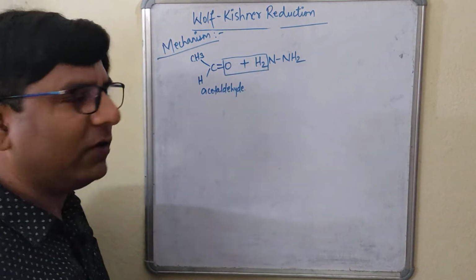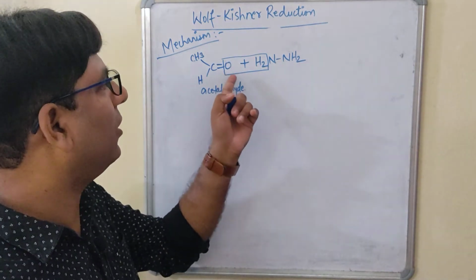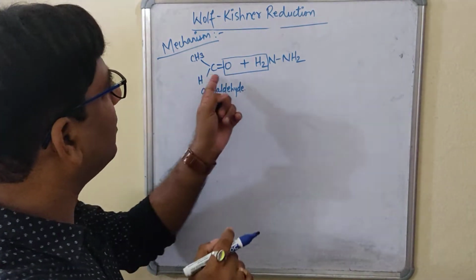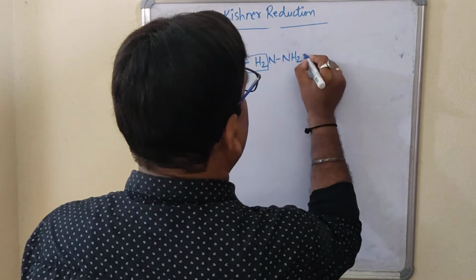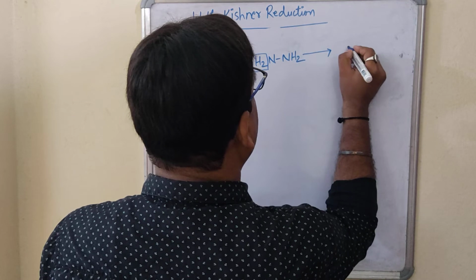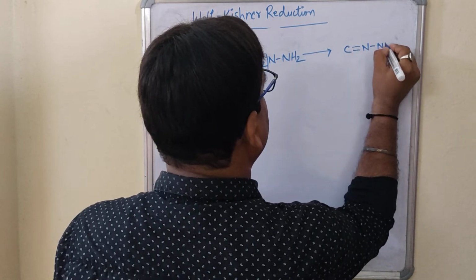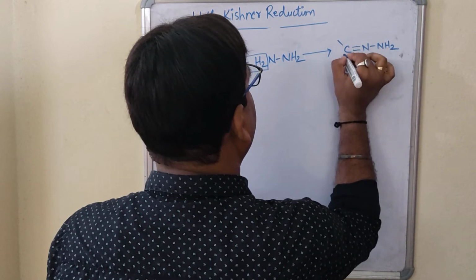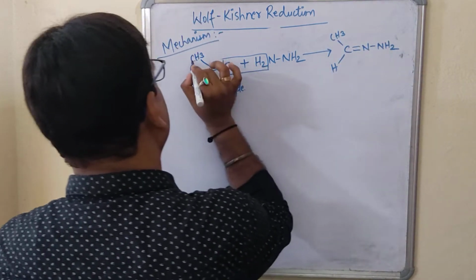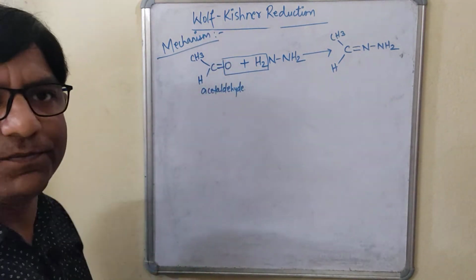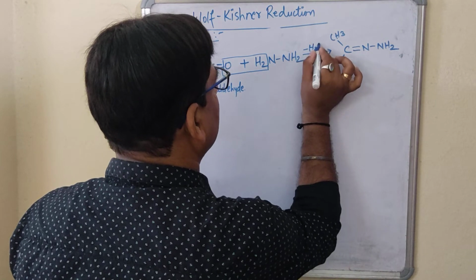Means there is a removal of water molecule, and the rest of the molecule will join together. How will it join? The product will be C double bond N NH2, and here as usual it is CH3, and here it is H. Clear? Only thing is you have to write here minus H2O.